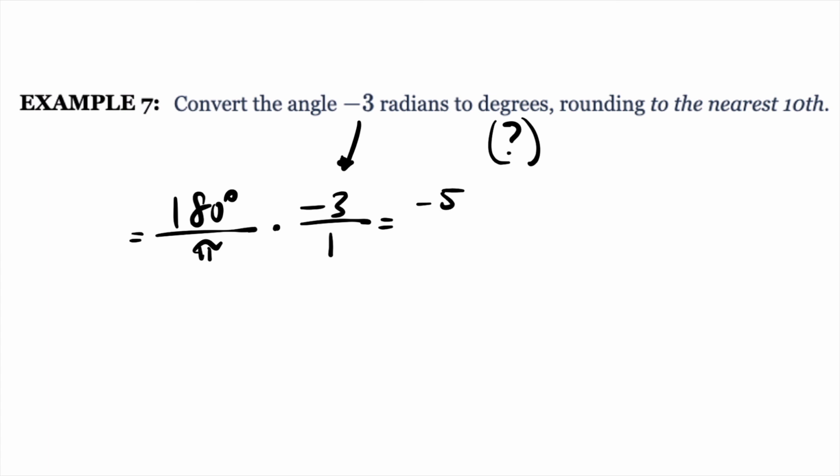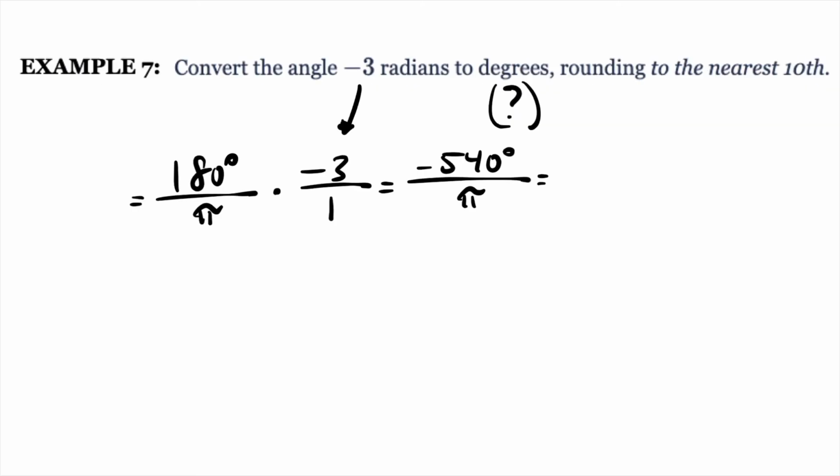We get negative 540 degrees. The bottom, we get pi, which is pi over 1, pi times 1, which is 1 pi. Now the pi's don't cancel out. The degrees don't cancel out. But I need it in degrees, right? So this is the only time you're going to divide by pi, using the 3.14 number.